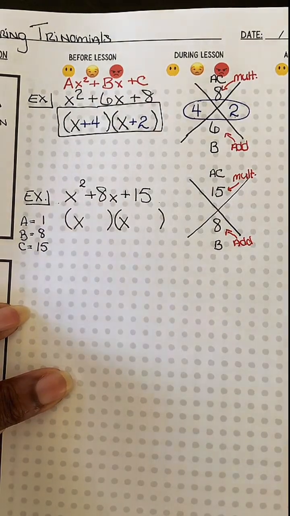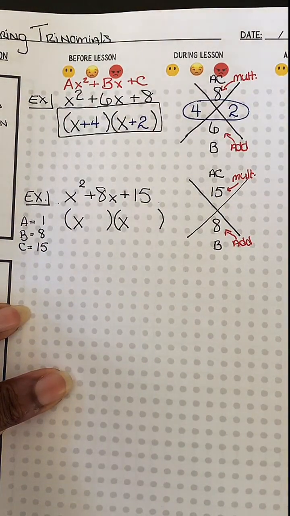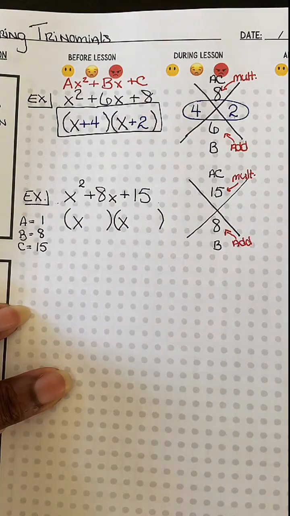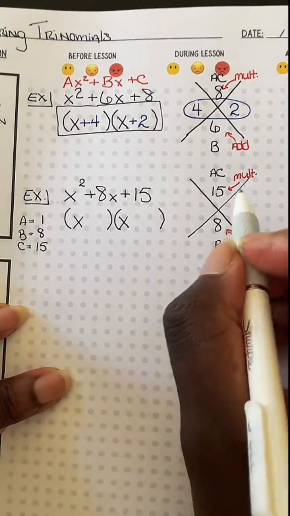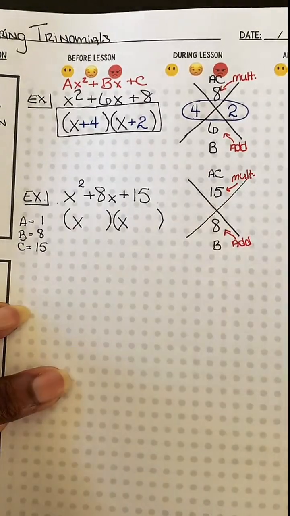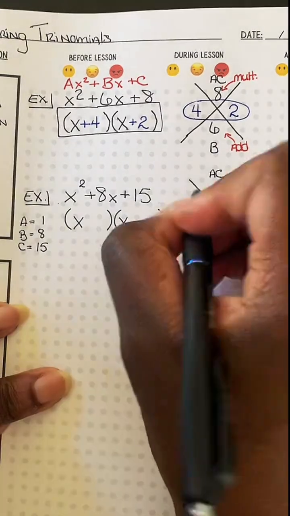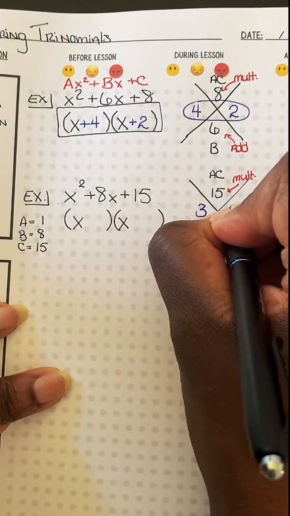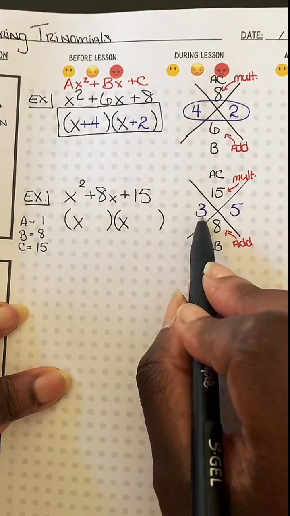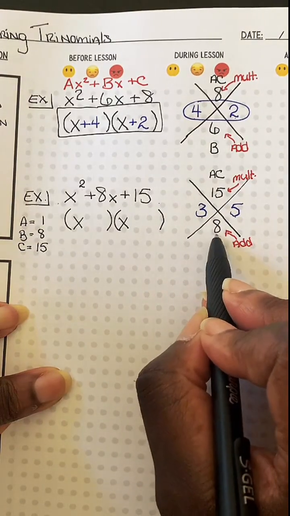Good. So it's not going to be the 7 and 8. It's going to be 3 and 5. Because 3 times 5 gives me 15, and 3 plus 5 gives me 8.